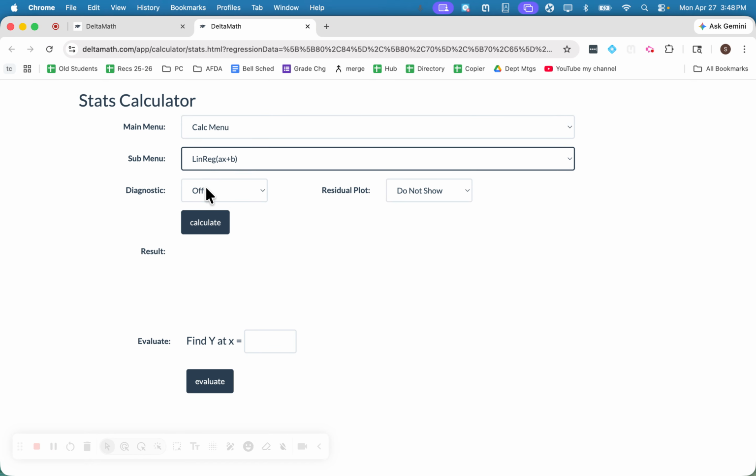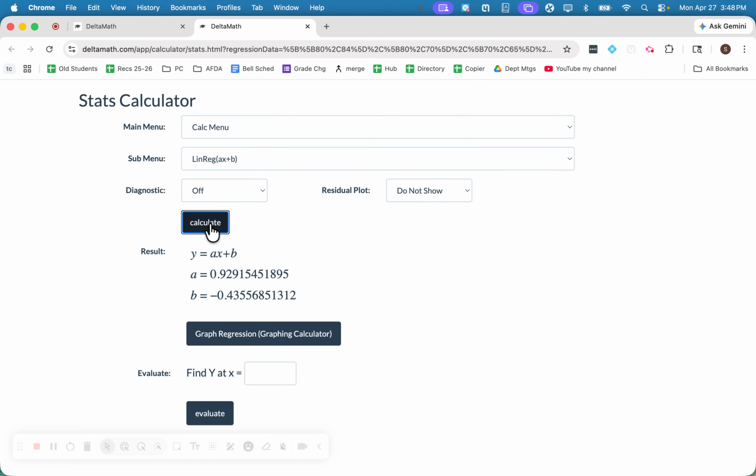All right, you can ignore diagnostic and residual for now. Say, calculate me that. Wow. Okay. So what they're telling you is the best slope that'll match all those xy points is 0.929 decimal. Not a fraction, but decimals and fractions are the same.